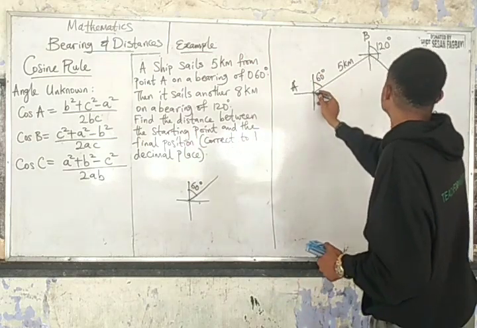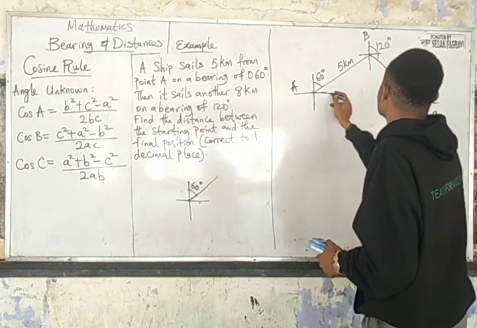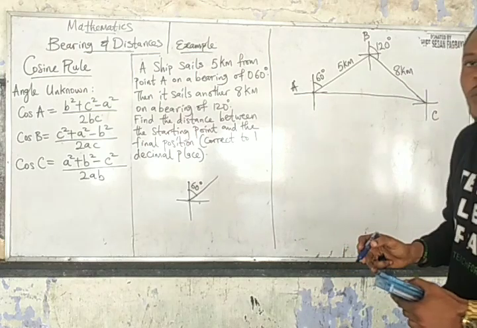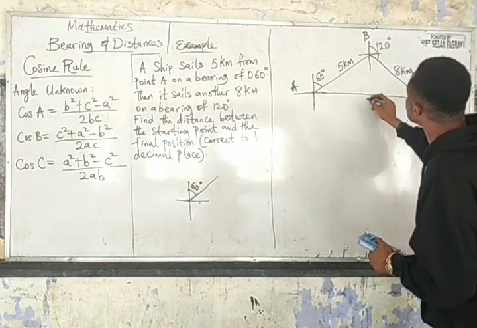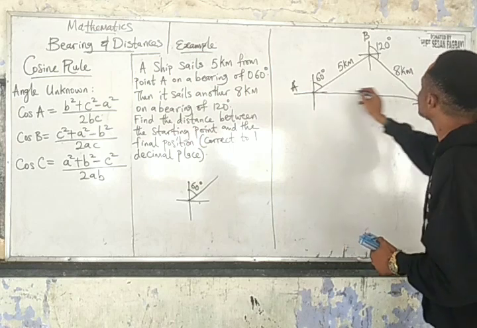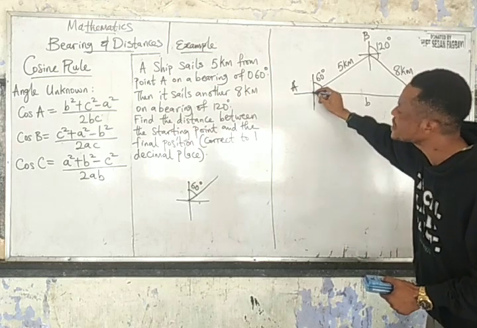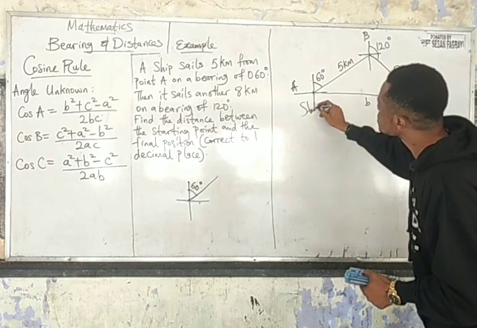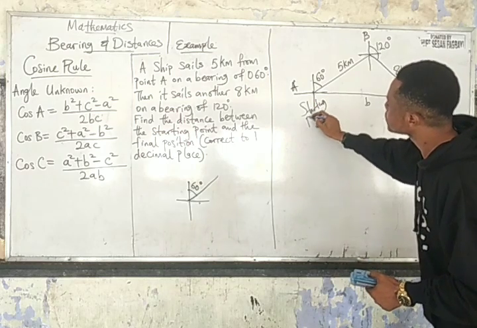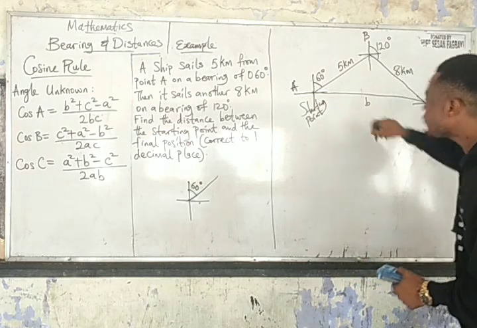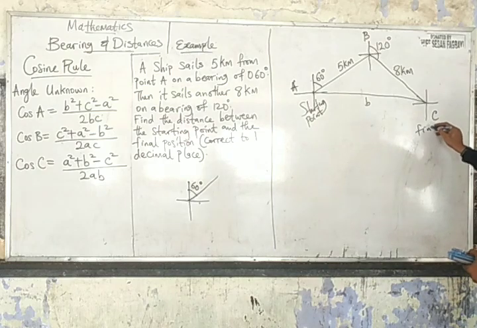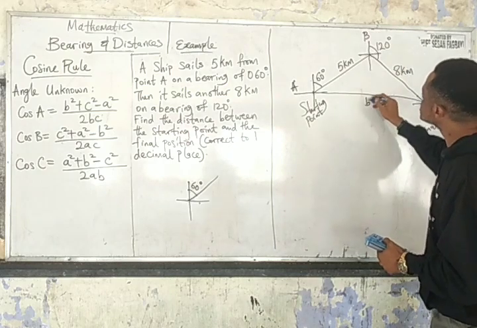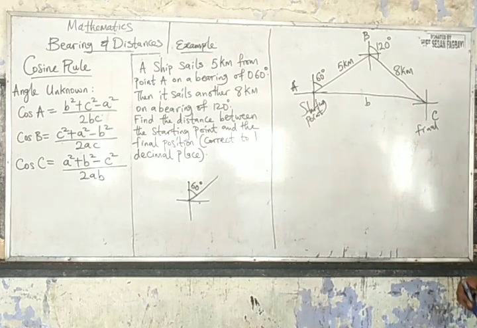So we are looking for the distances from here down to this place. We are looking for the small b, because they ask us to find the distance from the starting point where the ship started to the final position. The ship is now here. So technically, we are looking for the small b.